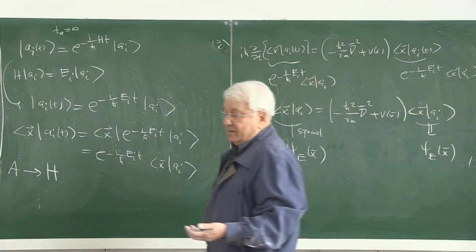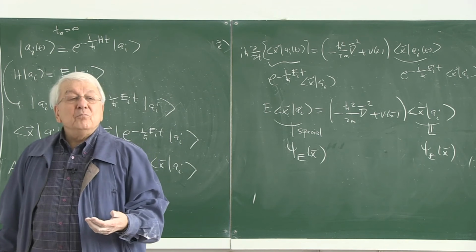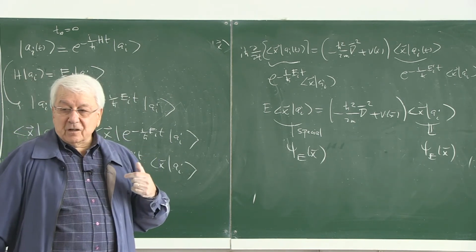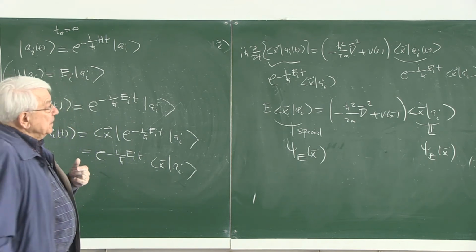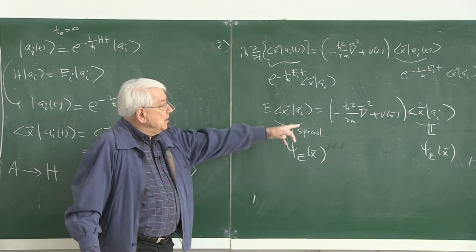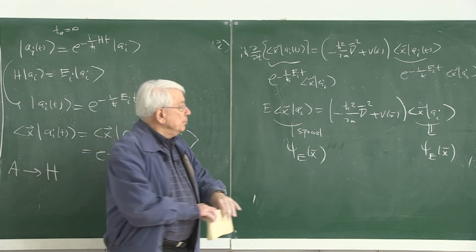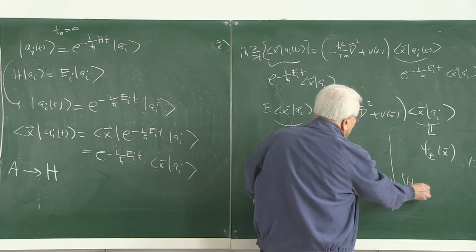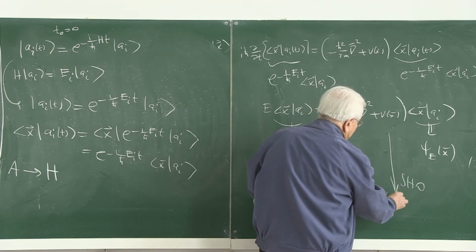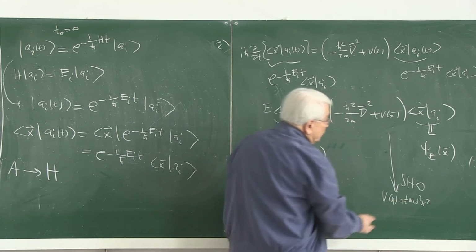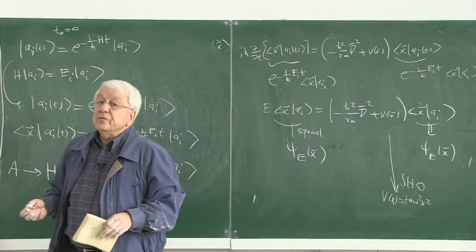There are not that many problems that you can handle so successfully using that algebraic method, but thank God the simple harmonic oscillator is so simple indeed, we could solve it. The alternative method is to solve this problem for the one-dimensional simple harmonic oscillator, for instance. Then you write V of x equals 1/2 m omega squared x squared, and you have seen how to do it in the undergraduate courses.